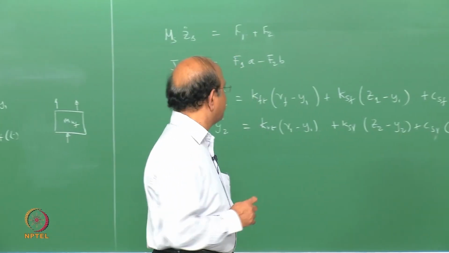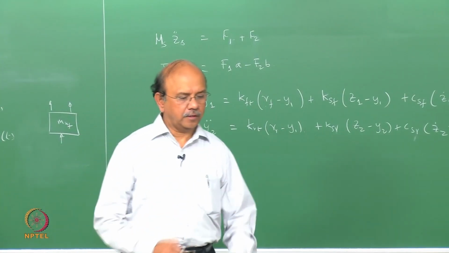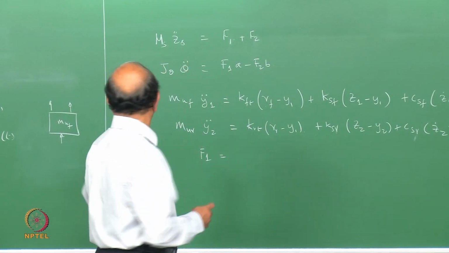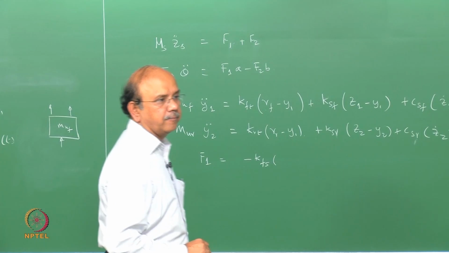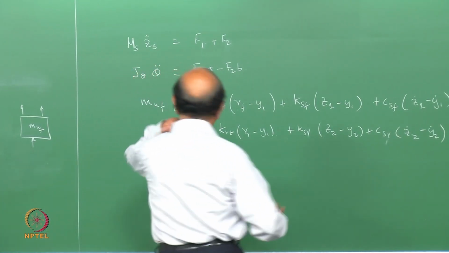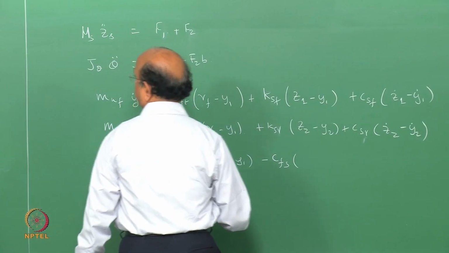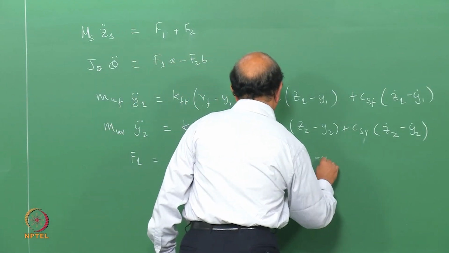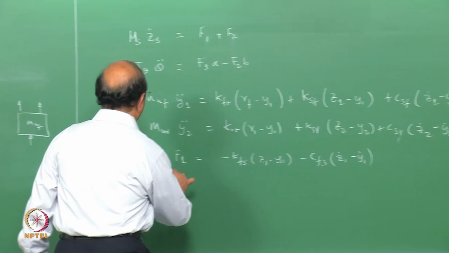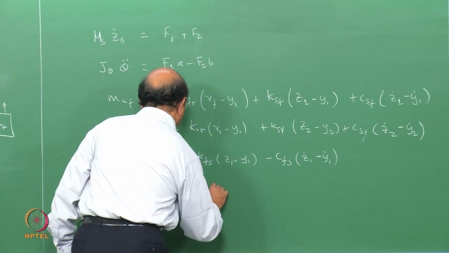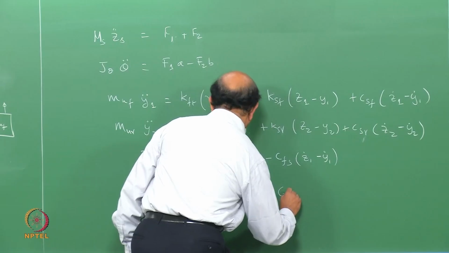That's very good. Okay. What's F1 now? Write down F1 minus K Fs into Z1 minus Y1 minus CFS into Z1 dot minus Y1 dot, okay, and F2 is equal to minus K rear spring into Z2 minus Y2 minus C rear spring.